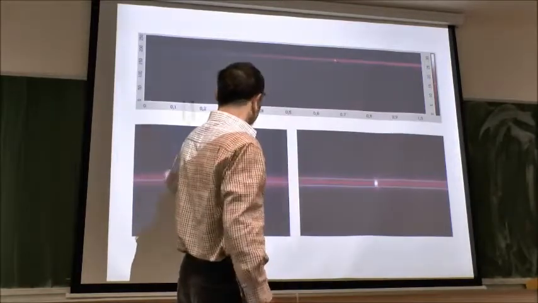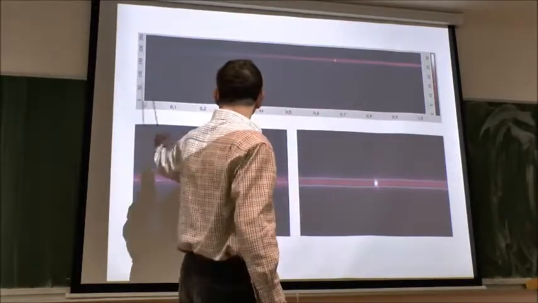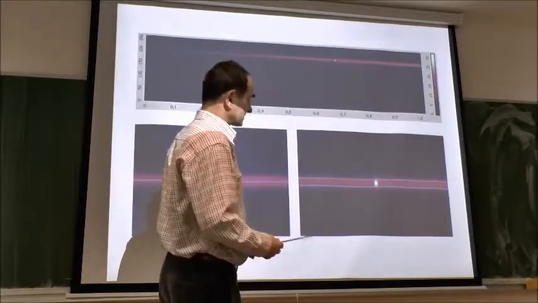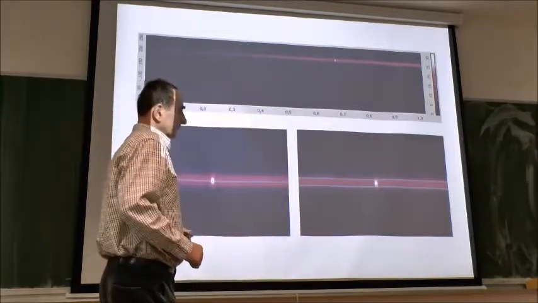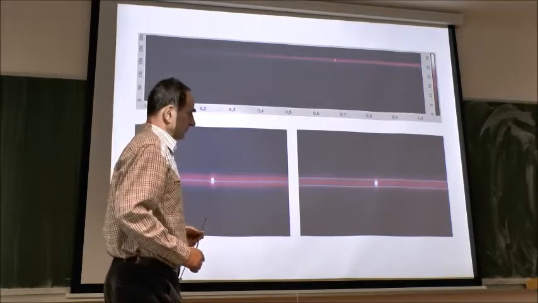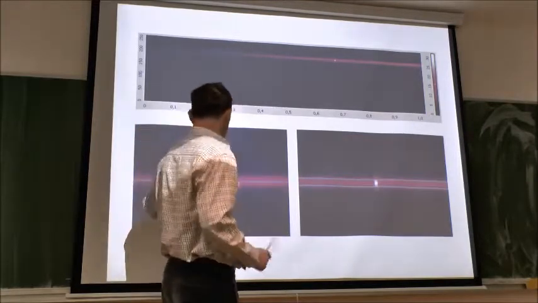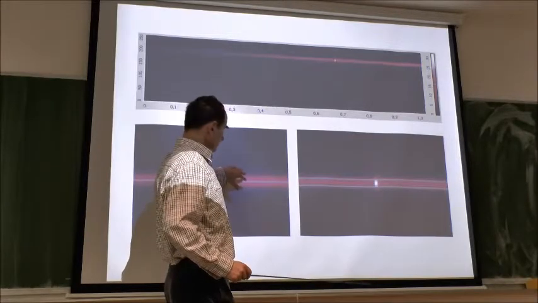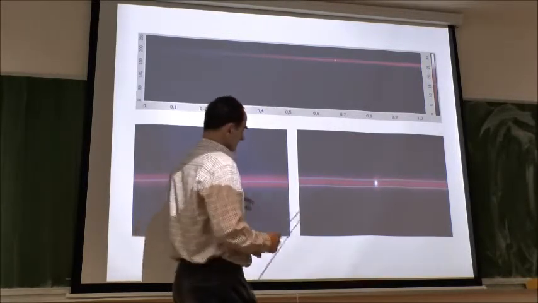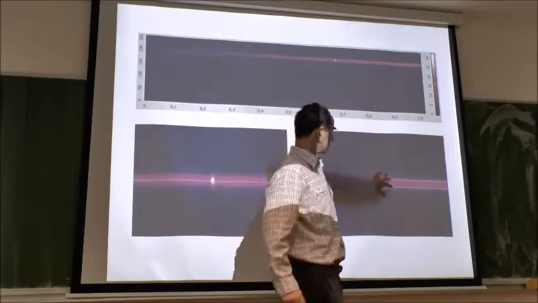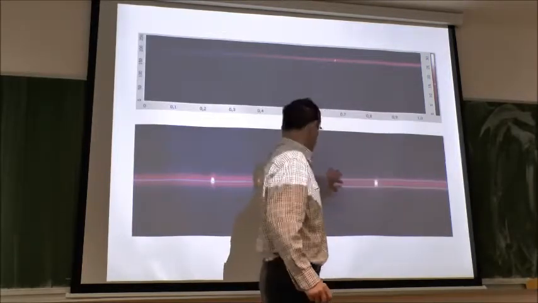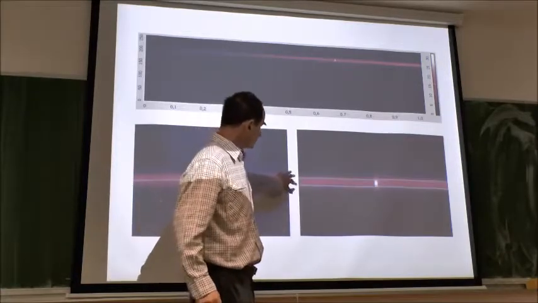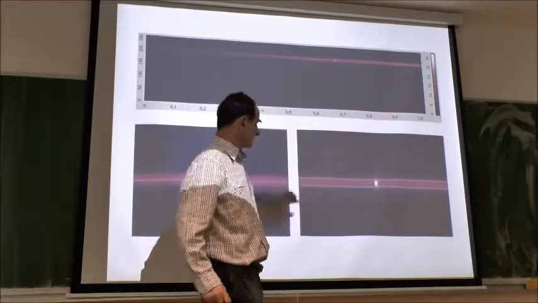Because the camera is big, if you use the whole CCD camera as a source of the signal, there will be quite a lot of noise. So we mark the range where the signal is stronger, and then we ask the computer to measure and use CCD pixels in this range.